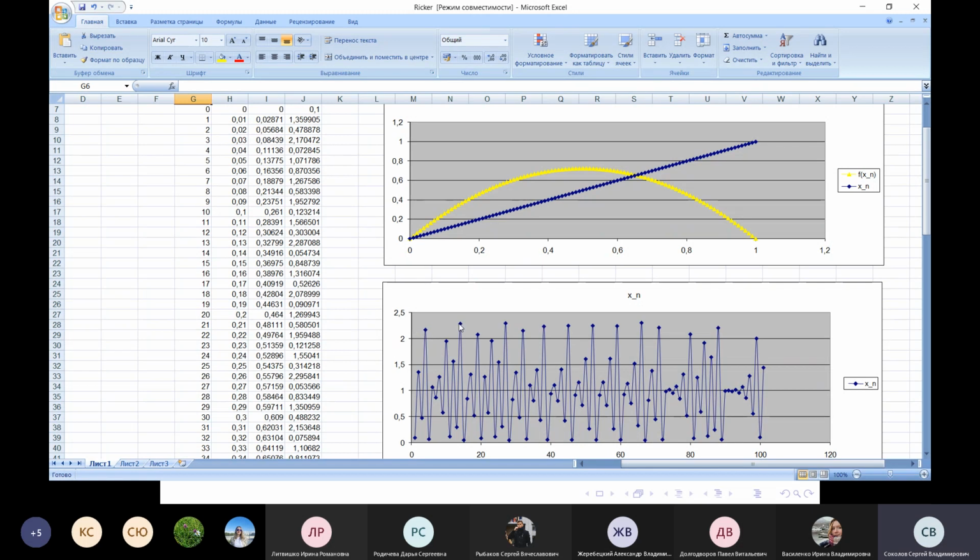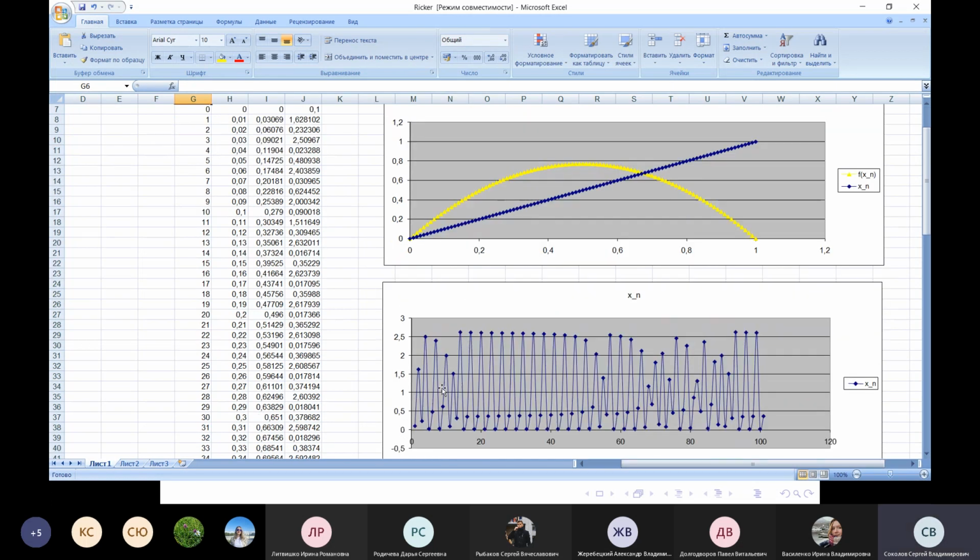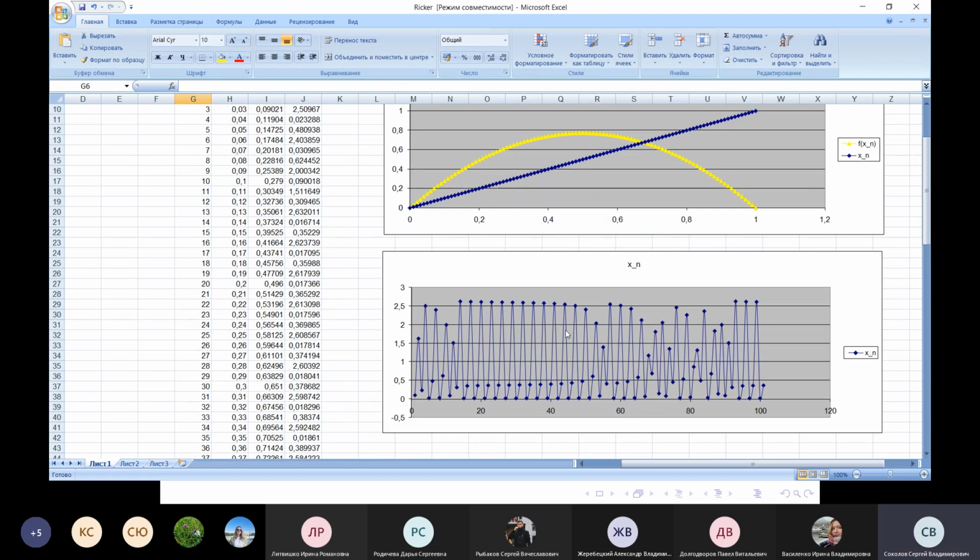But still there are some close maximums, but there is no stable state here. And if we furthermore increase our R, we'll see that the chaotic, still the chaotic solution.